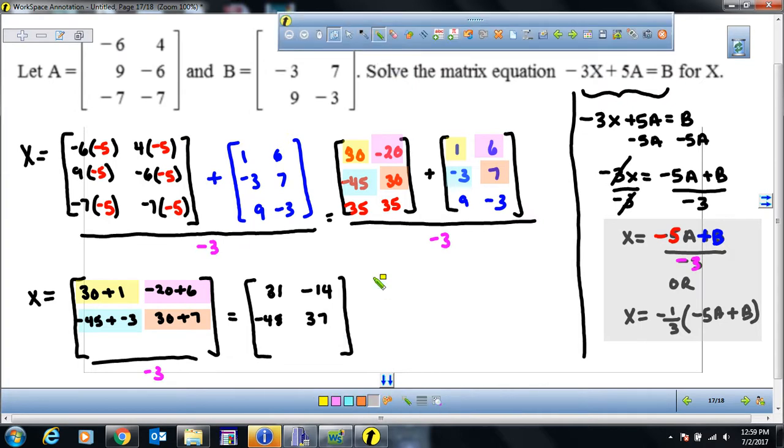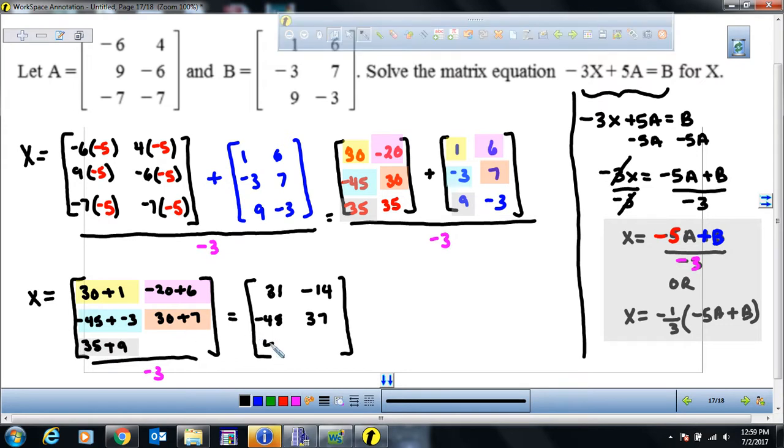Next, the element in the third row, first column, to the element in the third row, first column, we're going to add them, and that is going to be 35 plus 9, which is 44. And last but not least, the element in the third row, second column needs to be added to the element in the third row, second column, so that would be 35 plus negative 3, which is 32.